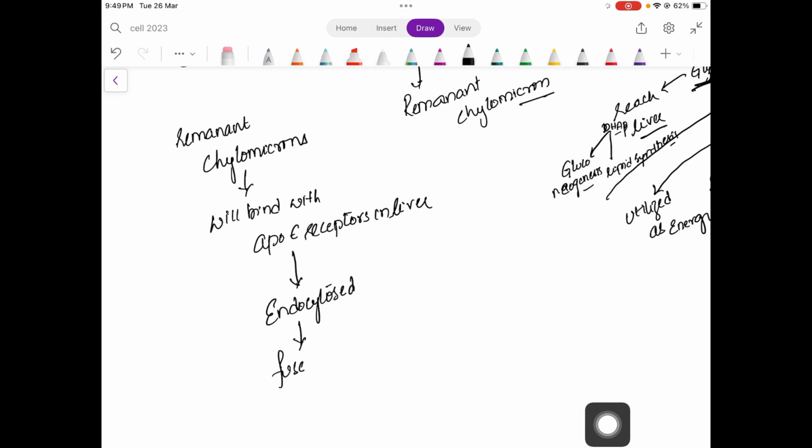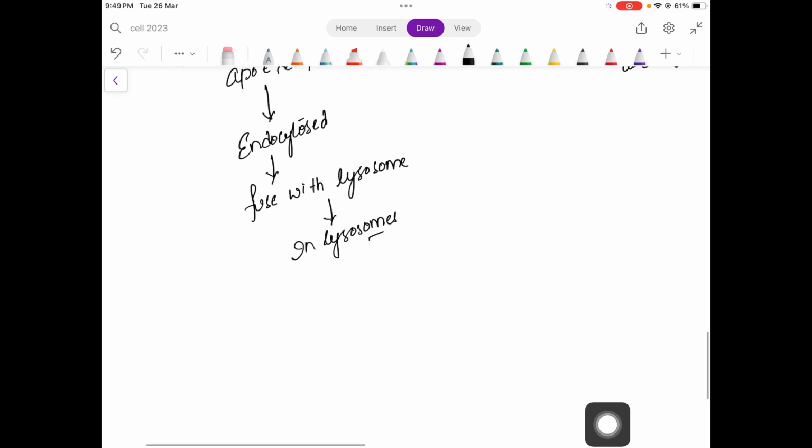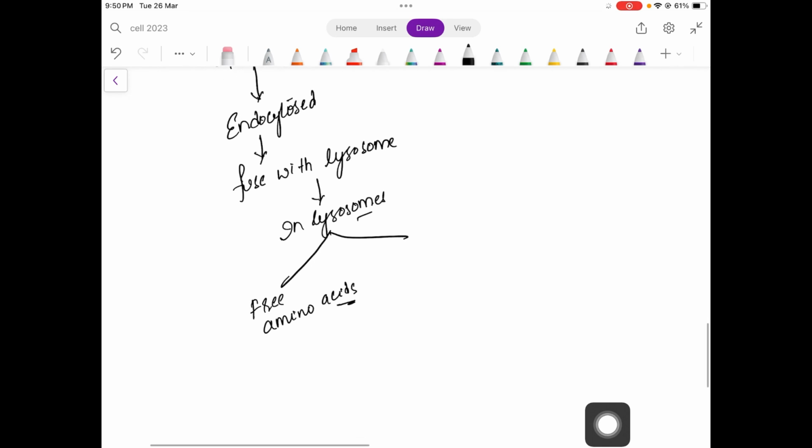They will fuse with a lysosome, and in the lysosome these remnant chylomicrons are degraded into free amino acids, free cholesterol, and fatty acids.